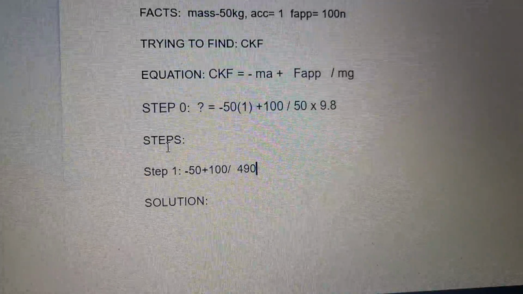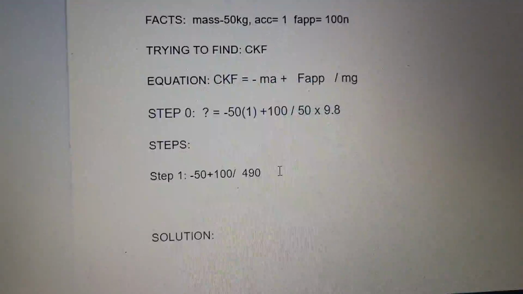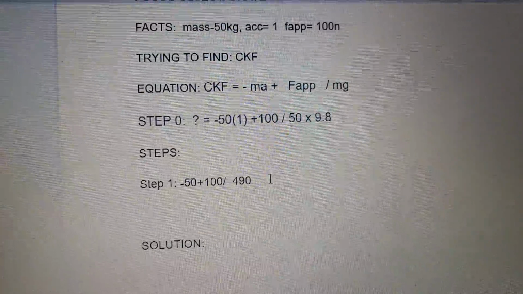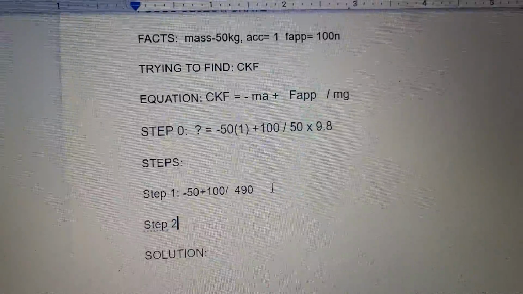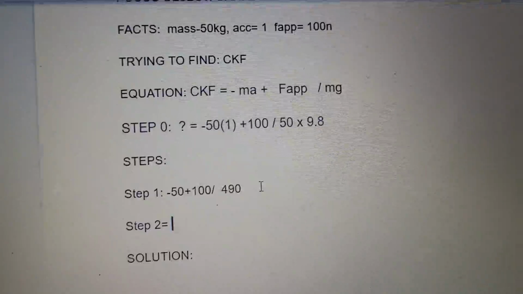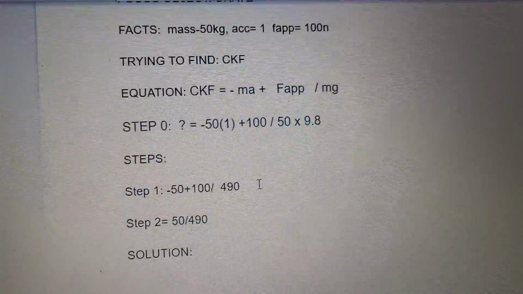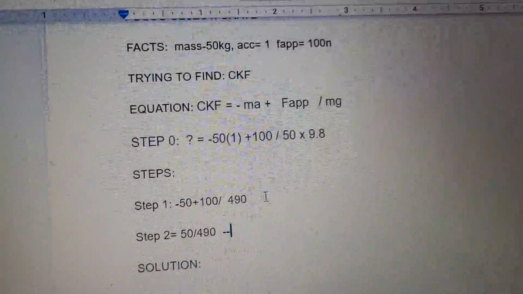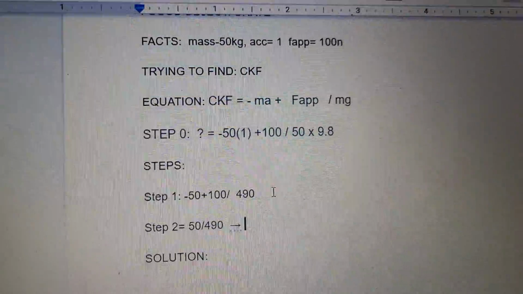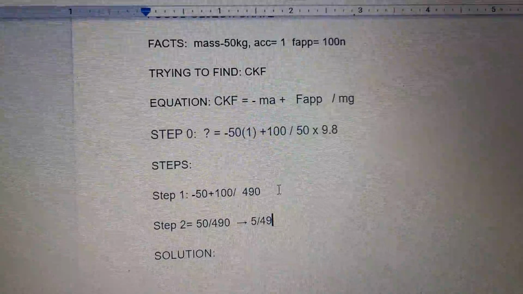Then in step 2, I'm going to add negative 50 plus 100 and divide that by 490 in step 3. So step 2, I get positive 50 divided by 490. Another simplified form of this can be 5 divided by 49, because I take away the zeros in the ones place.